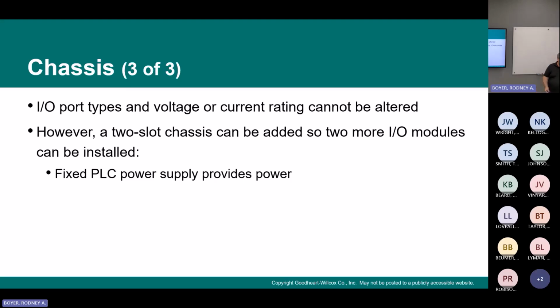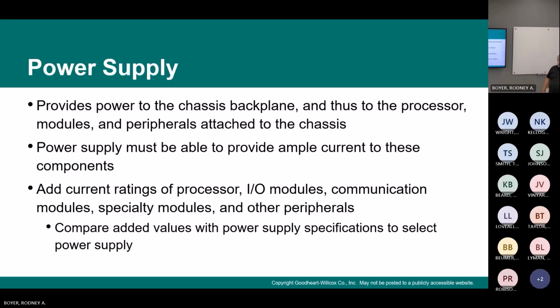Or both of them 24, both of them 110, whatever you want to do. 2-slot chassis can be added, so 2 more I/O modules. That's slick stuff. Really need to get in here and update these PowerPoint slides.